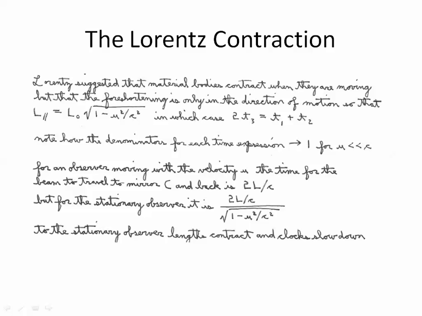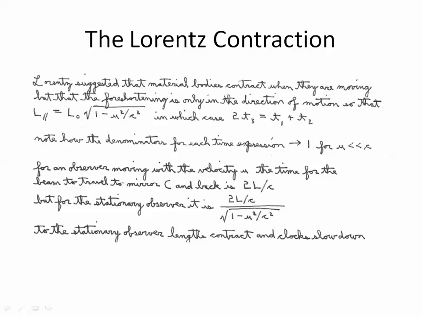There is one more key idea at play here. It concerns the rate at which time progresses for the stationary observer versus the rate at which time progresses for the observer moving to the right with velocity u. For the observer moving with velocity u, the time for the vertical light beam to travel to mirror C and back is 2 times L divided by c.